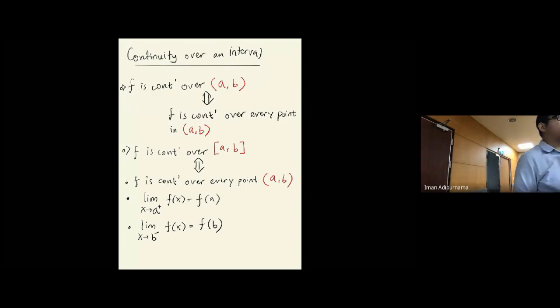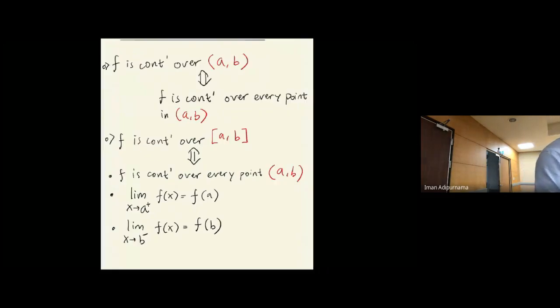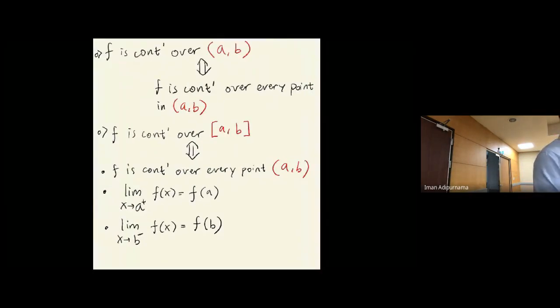So we say the function is continuous over the closed interval [a, b] when every point between a and b is continuous, and you can prove that the limit at the end of the interval is the same as when you plug the number into the function.